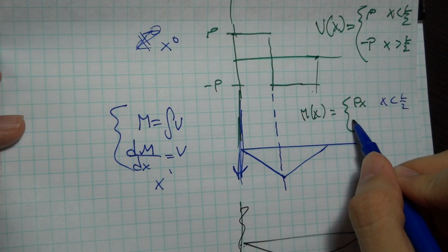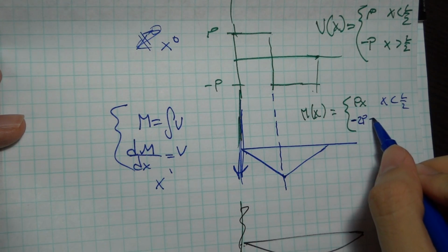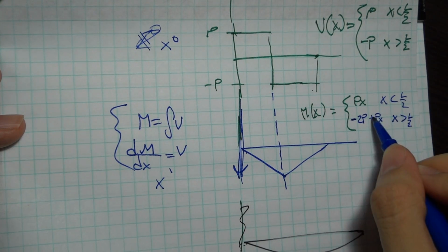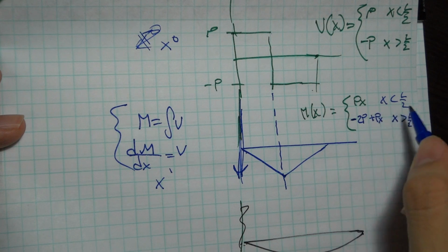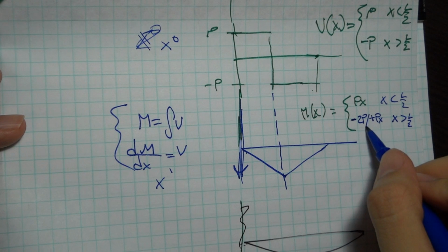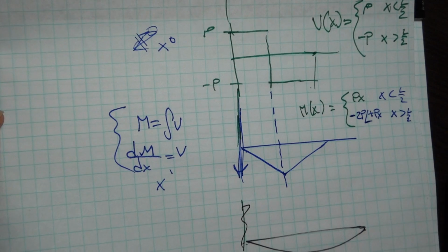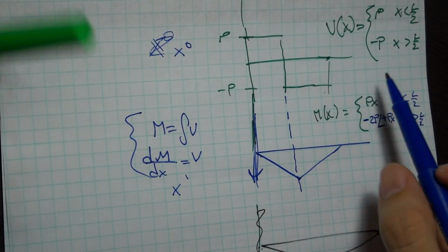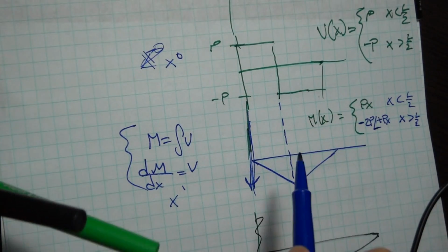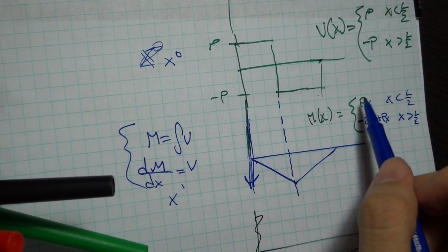And it's equal to negative 2pL plus px for x greater than L over 2. I'm not going to go into how you get these equations. If you don't understand how to get these, please come see me. But you should just keep in mind that these are two different equations. It's a piecewise function.